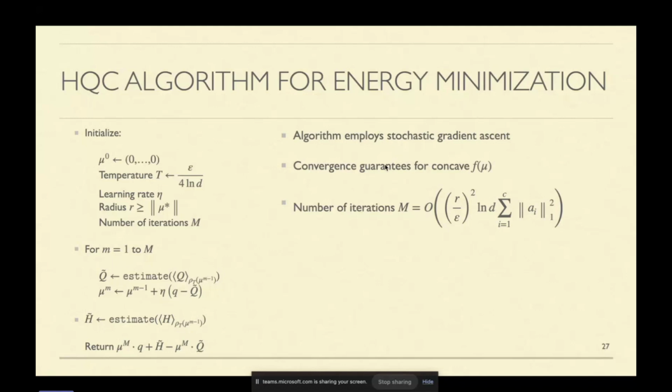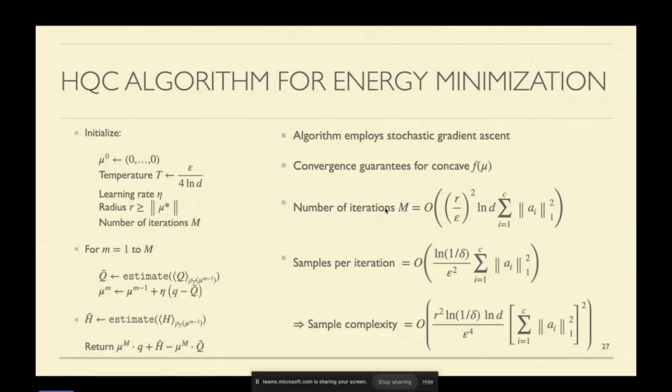And we get convergence guarantees for the algorithm, the number of iterations required, because as we said, the objective function is concave in mu. So the number of iterations for this algorithm is essentially the same as what was required in gradient ascent, but the difference is the number of samples per iteration is this amount. And that, as we said, comes from the Hoeffding bound.